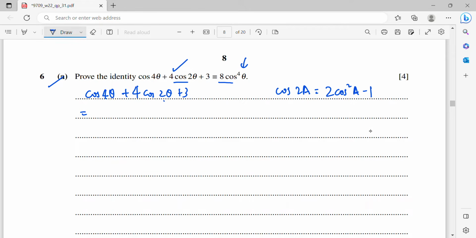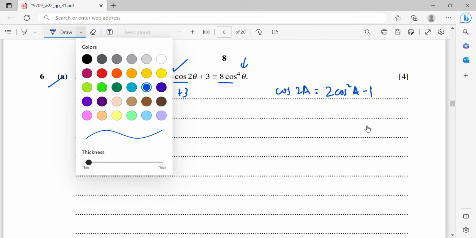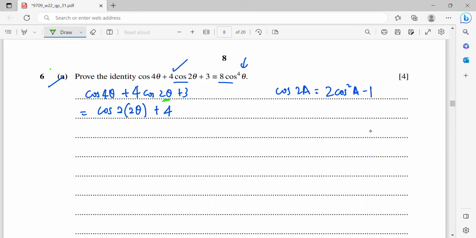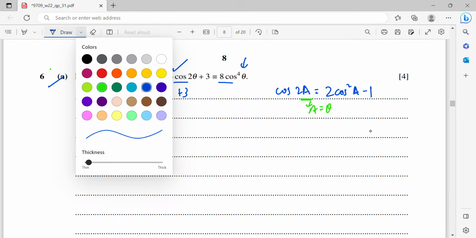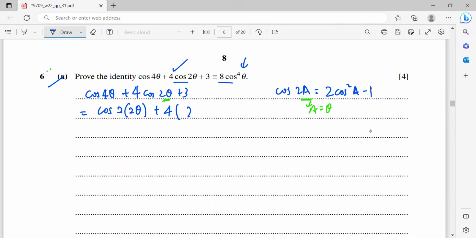For cos 4 theta itself, we change to cos 2 bracket 2 theta. For the next term, cos 2 theta, here 2a means your a is theta. Then I will get 2 cos squared theta minus 1, followed by plus 3.